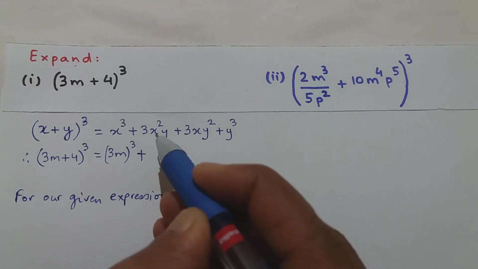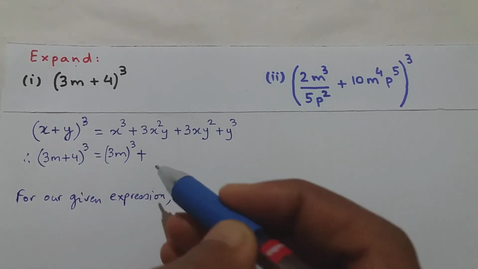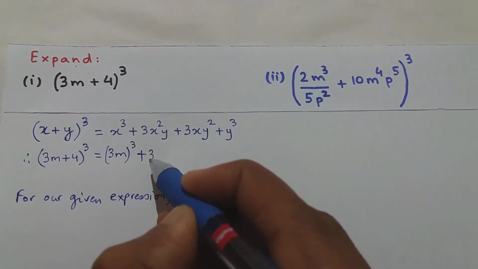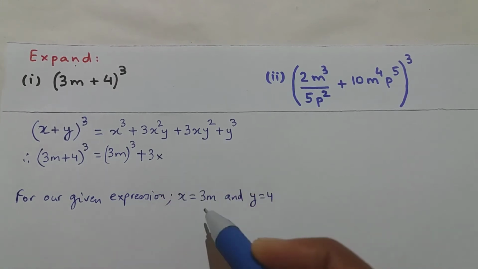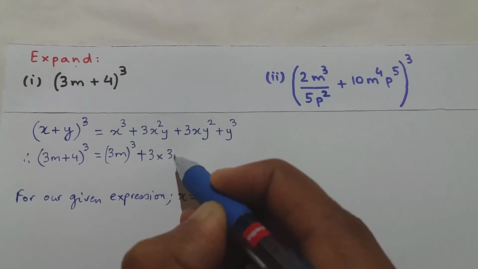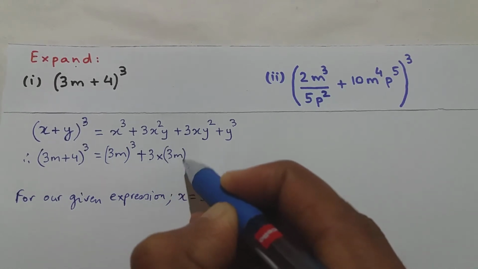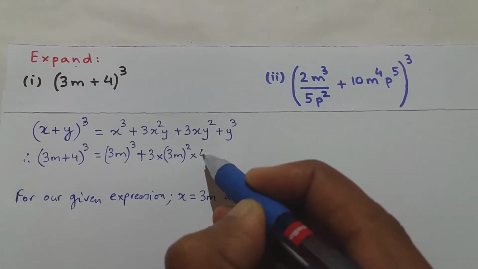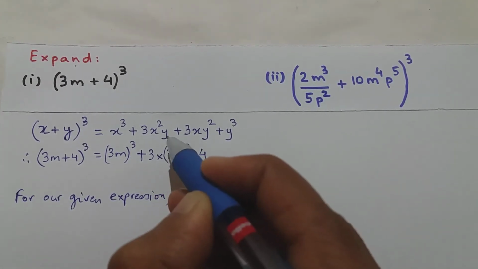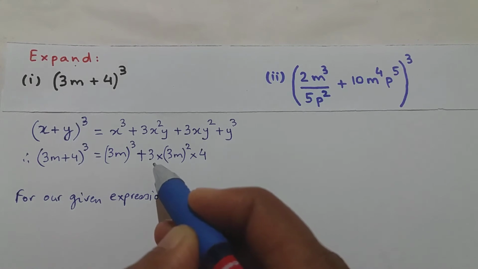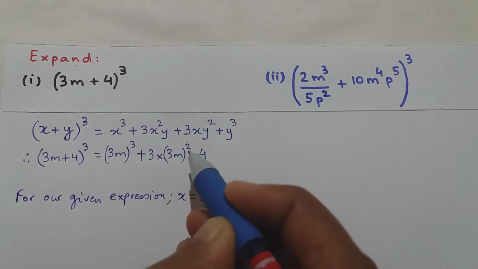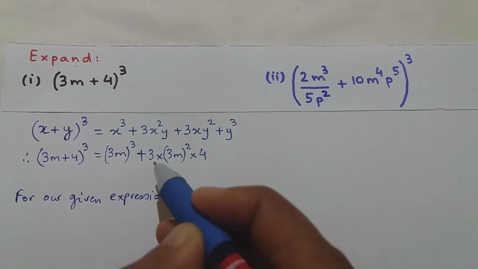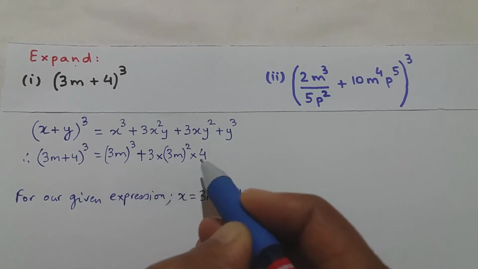So 3x square y will become 3 into 3m whole square into 4.